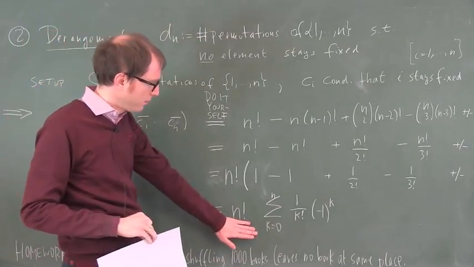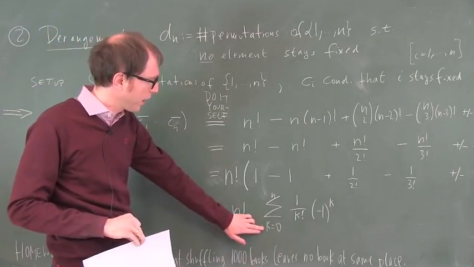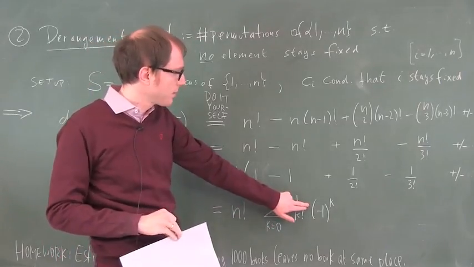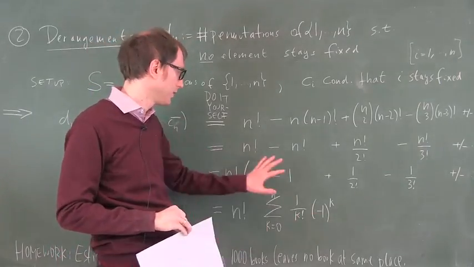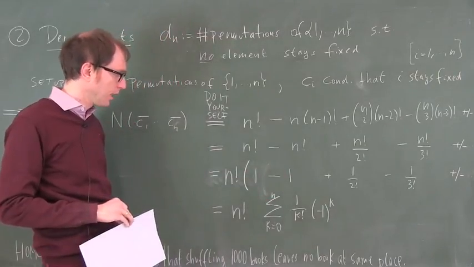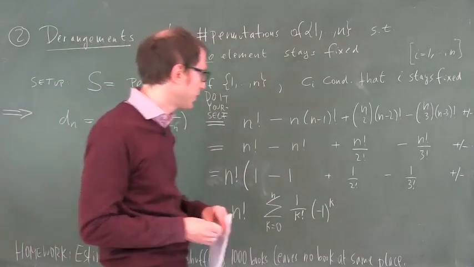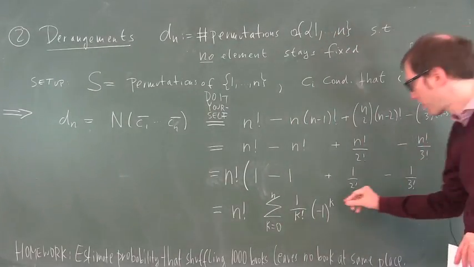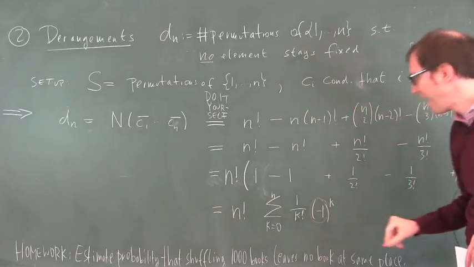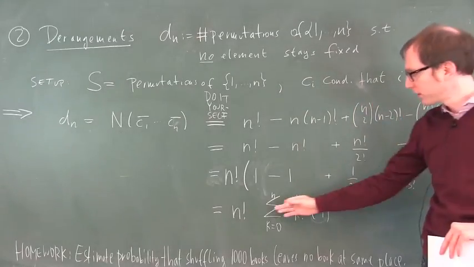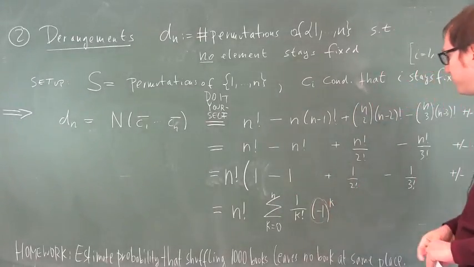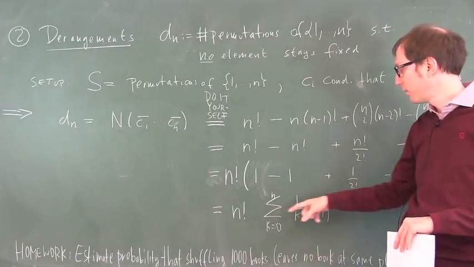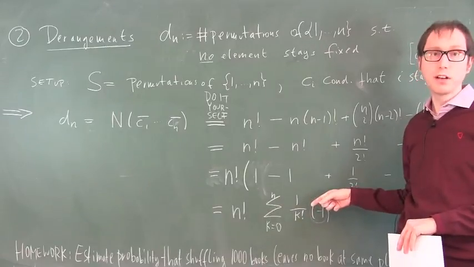So you can write it in this form: n factorial times the sum over k from 0 to n of 1 over k factorial times (-1) to the k. This is the same thing. Now why is this great? Well, I hope lots of you, if I see something like this, immediately know what I'm talking about. If you replace this by x, then you should know that this is just the first part of the infinite series which gives you the exponential function.